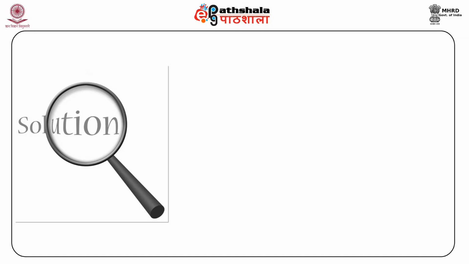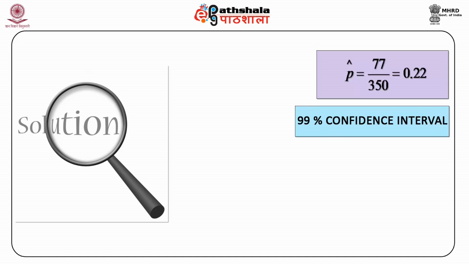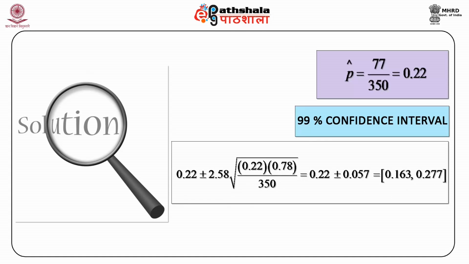The reported proportion is p equal to 0.25. The sample size is 350 with p hat equal to 77 upon 350, which is equal to 0.22. Since the sample is large, the 99% confidence interval for p is 0.22 plus minus 2.58 times square root of 0.22 multiplied by 0.78 divided by 350, which is equal to 0.22 plus minus 0.057.